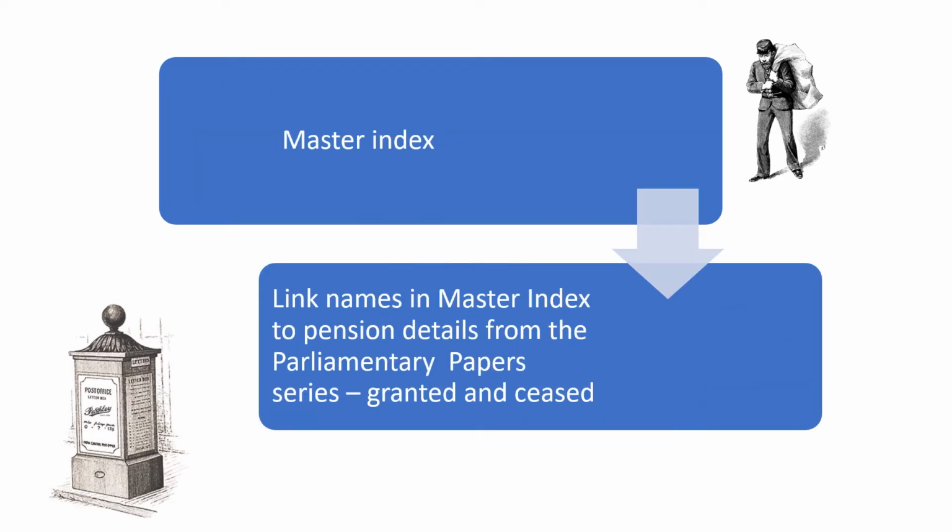Now that master index is the key index that we'll use to check when we photograph each of the pension records that are currently stored in the postal archives. But that's not the only source we're going to use, because we have some parliamentary papers which identify the pensions granted and when a pension stopped being paid, usually because of death.